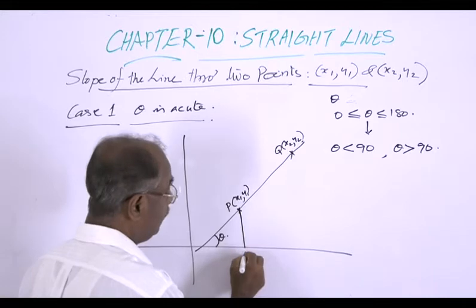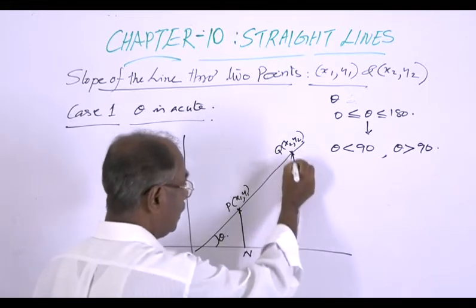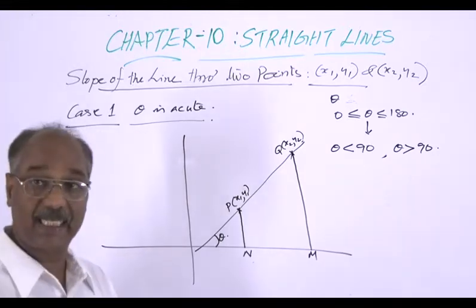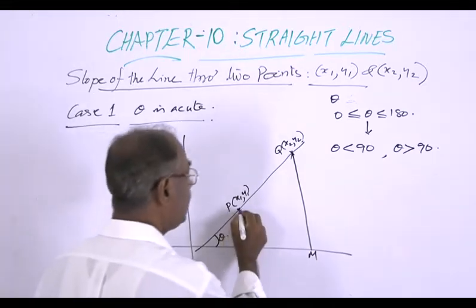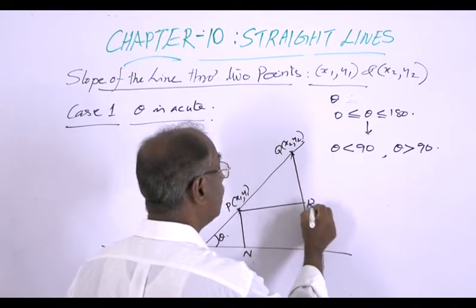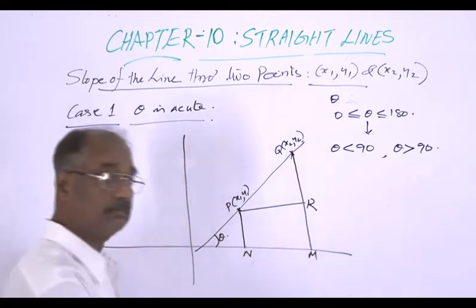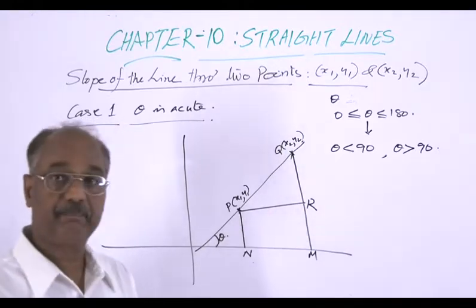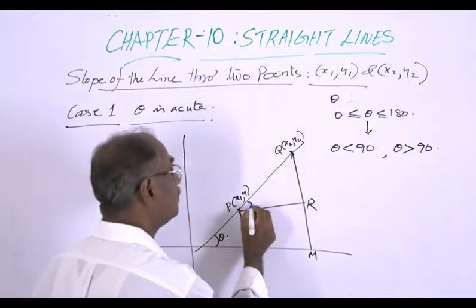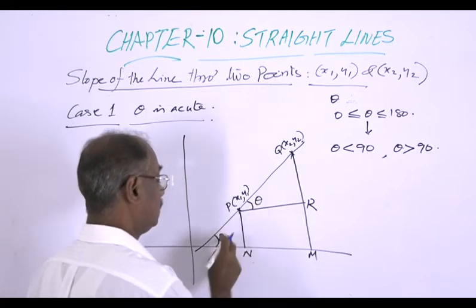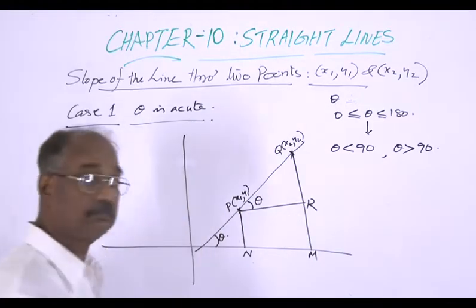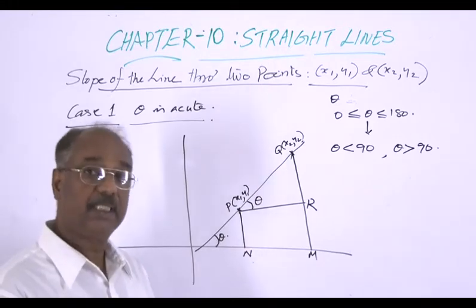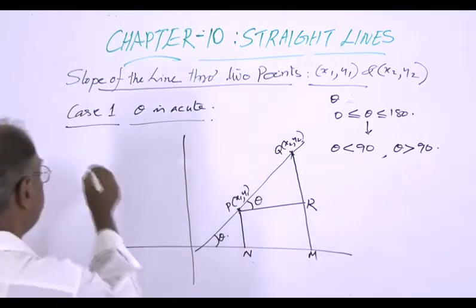Draw PN and QM perpendicular to the x-axis, and PR perpendicular to QM. Then this angle is also theta. And then the slope is tan theta.